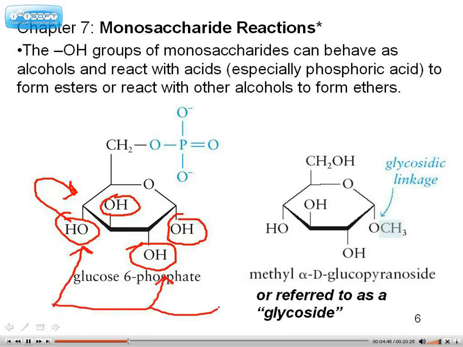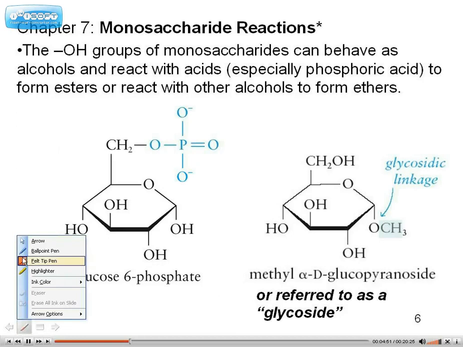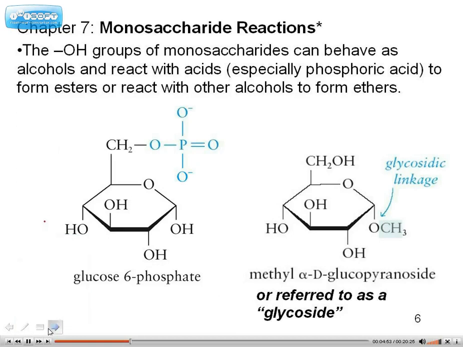Now there are some alcohols that are used more often than others. The ones that I'm highlighting with my pen tend to be used quite a bit. This one, and obviously this one right here. So these are monosaccharide reactions where they react at the alcohol group.